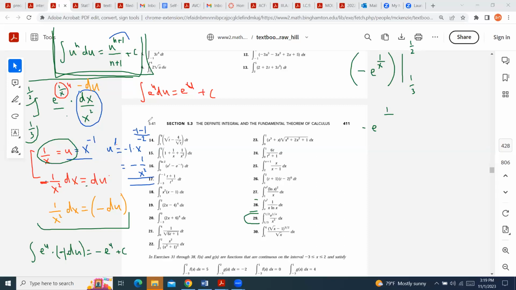So the upper is 1/2, so instead of x, I divide 1 by 1/2. And then I'm going to have to subtract from this. And now again, I have that negative e to the power of 1 over, and now we put the lower limit, 1/3. So upper limit and lower limit, those are the ones that I really care about.